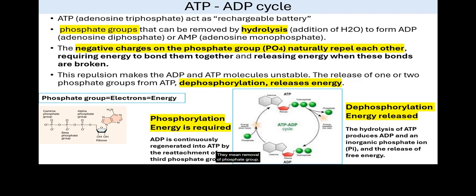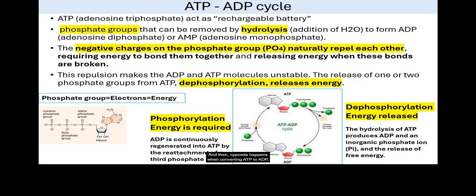De means removal of a phosphate group. So from ATP, which has 3 phosphate groups, we will remove 1, dephosphorylation, and energy will be released during this process for different chemical activities.